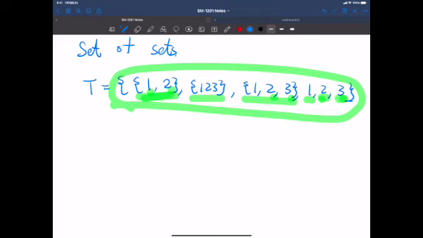Another example: suppose S is a set consisting of 0 and 1.